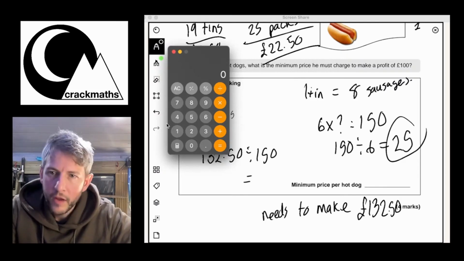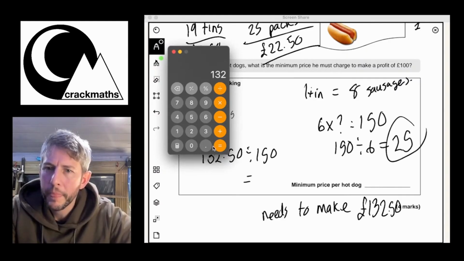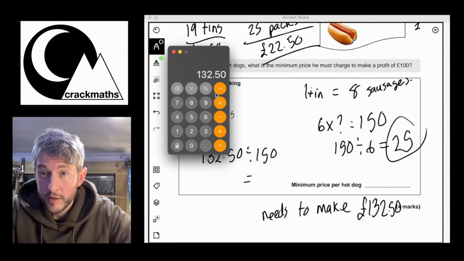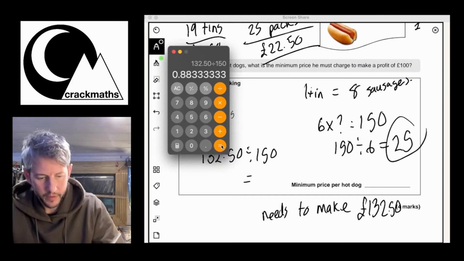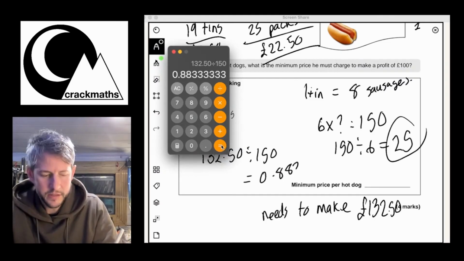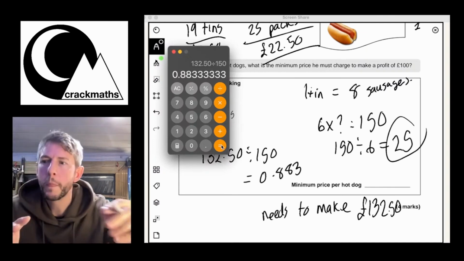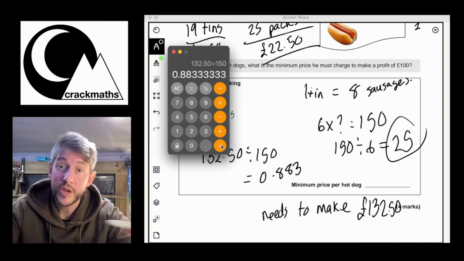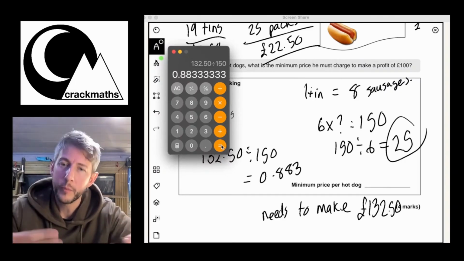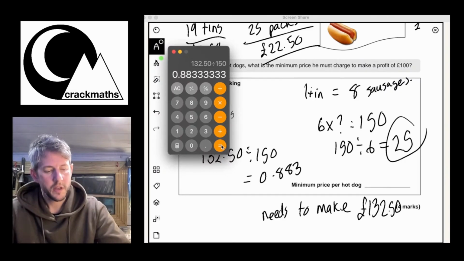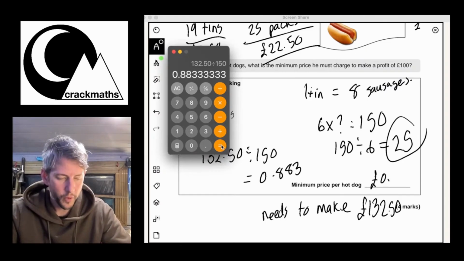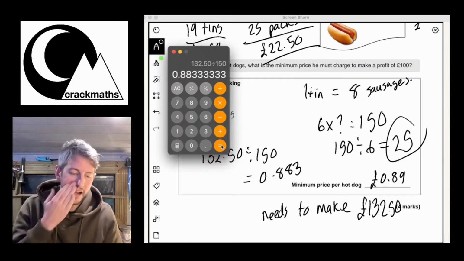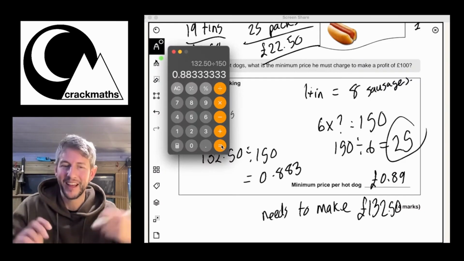That will equal 0.883. We're going to have to round this up, because if we don't, she won't make her £100. We wouldn't normally round 0.3 up, but in this case we have to. So the minimum price per hot dog for her to make her £100 is 0.89, so 89 pence. And that's that.